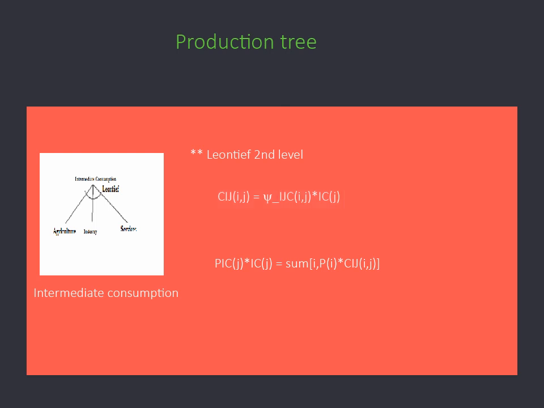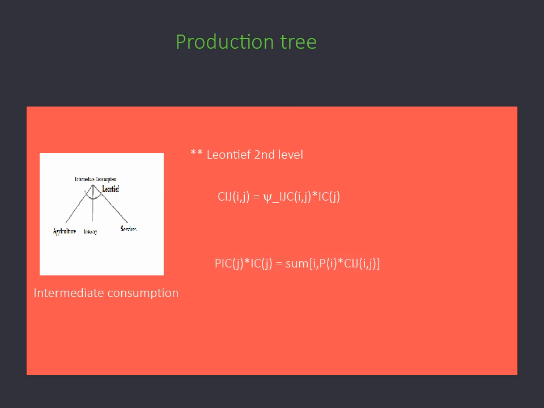And so the other relation is only the total intermediate consumption in value, which is PIC multiplied by IC, equal to the sum of the intermediate consumption of good I in sector J in value. So it is the price of good I multiplied by intermediate consumption of good I in sector J, which is called CIJ.